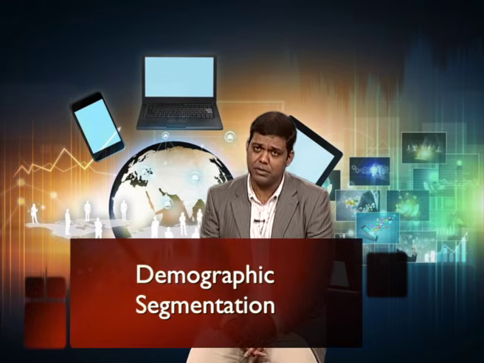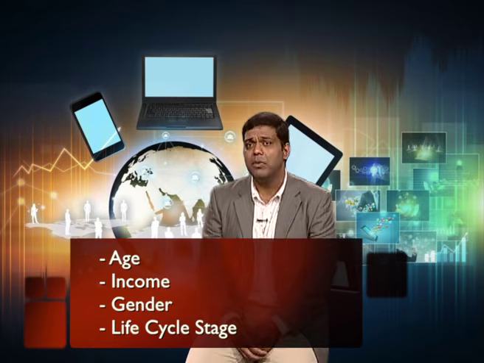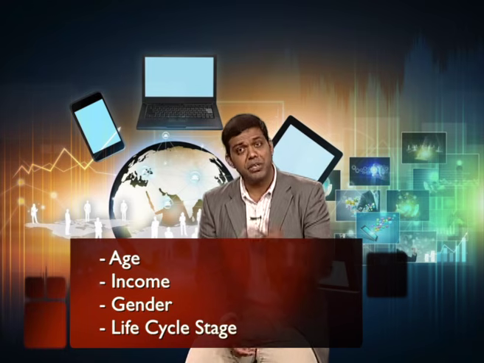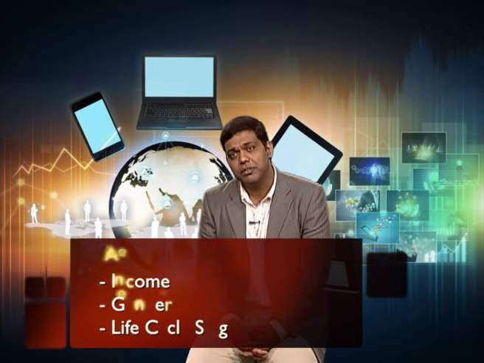Another way in which segmentation happens is based on demographics. Now demographics can include anything from age, income, gender, life cycle stage, all of these different things. Say for example, if you take offerings out there, for example, mobile phones. There might be mobile phones that are offered to customers who are in a certain age group.